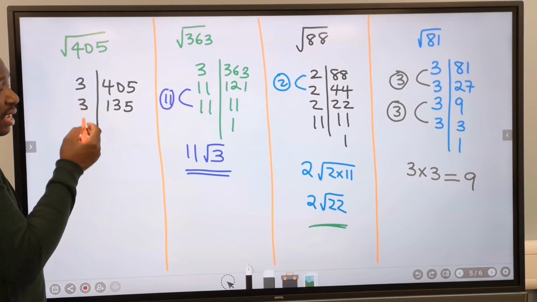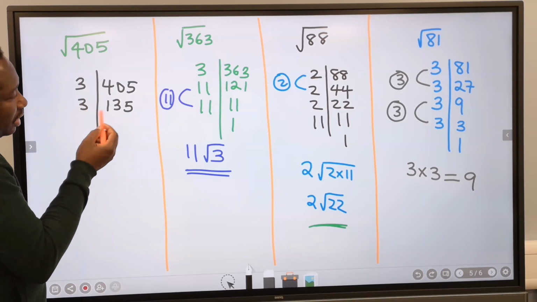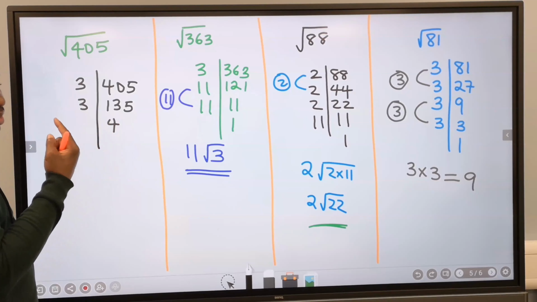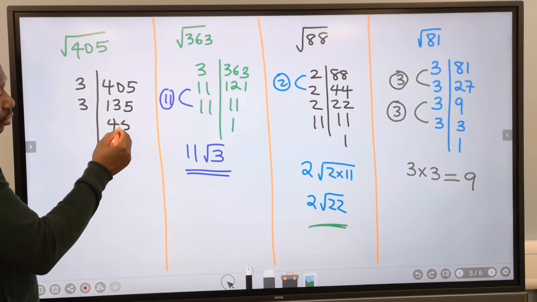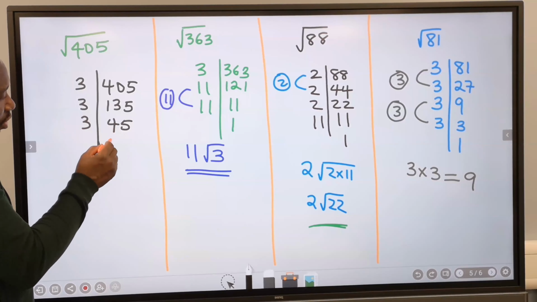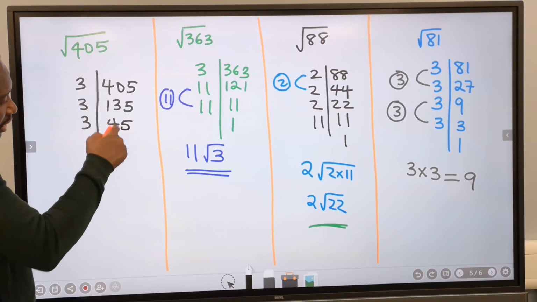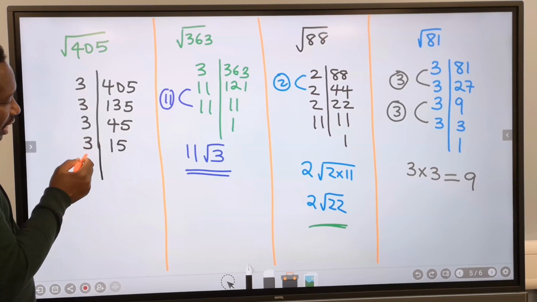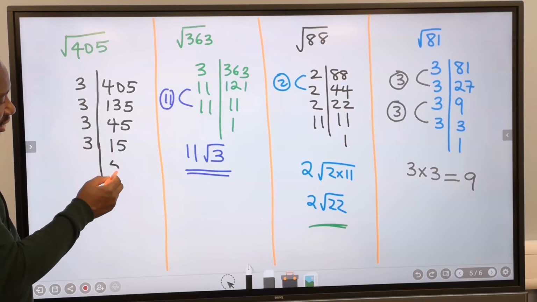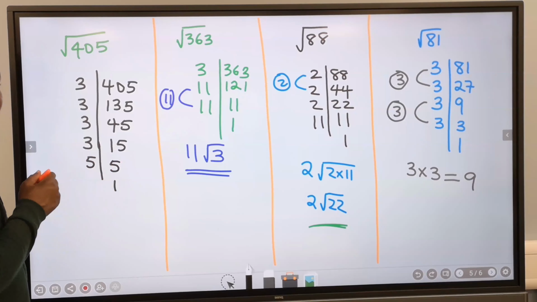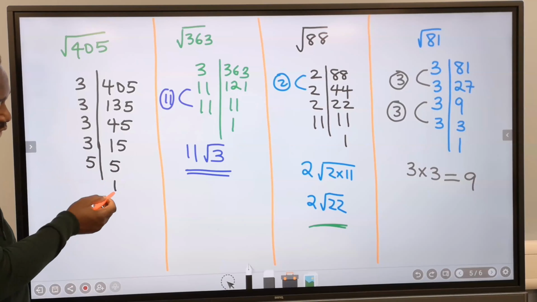Next, 3 can still go. 3 into 13 will give you 4, remainder 1. 3 into 15 will give you 5. 3 can still go. 3 into 4 is 1, remainder 1. Into 15 is 5. Next, 3 can still go. 3 into 15 is 5. 3 cannot go further. 4 can't, but 5 can go into 5. 1. We stop when we get 1.